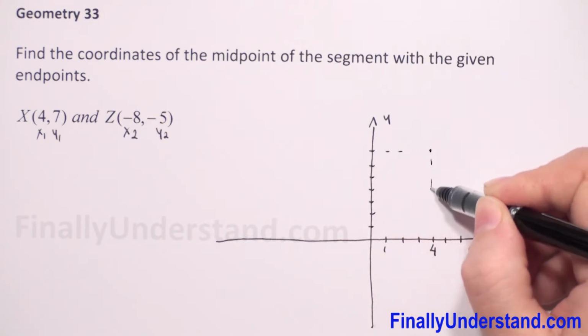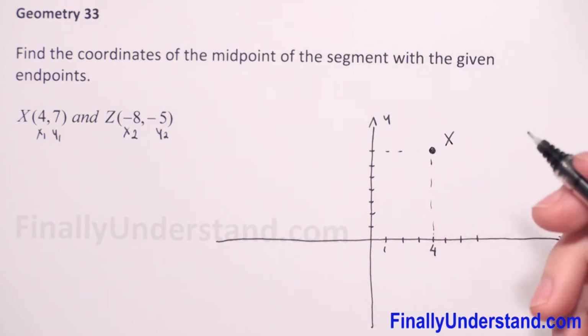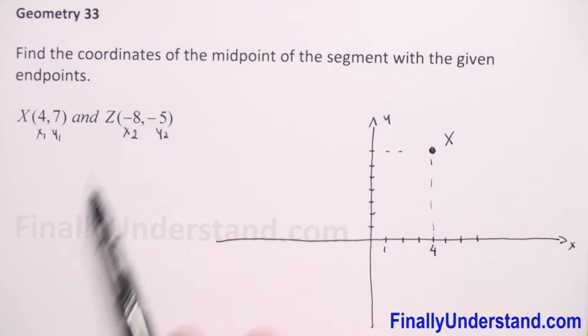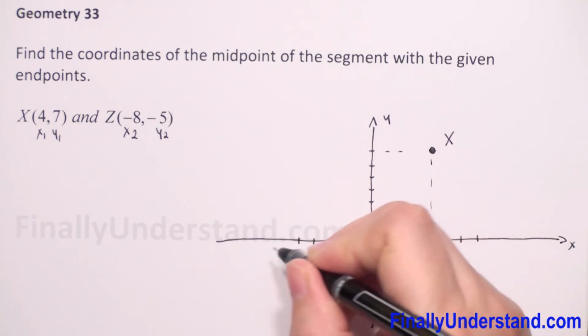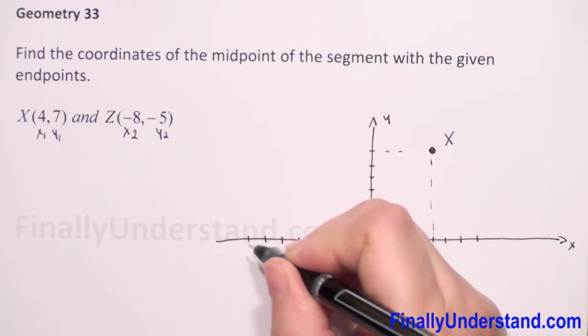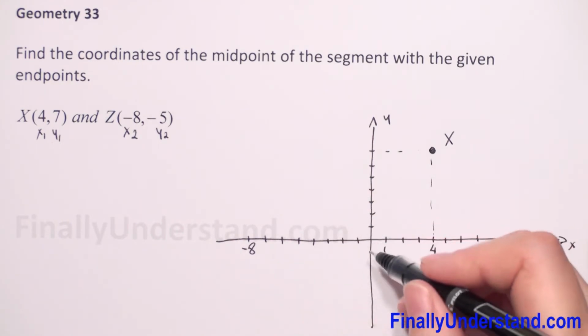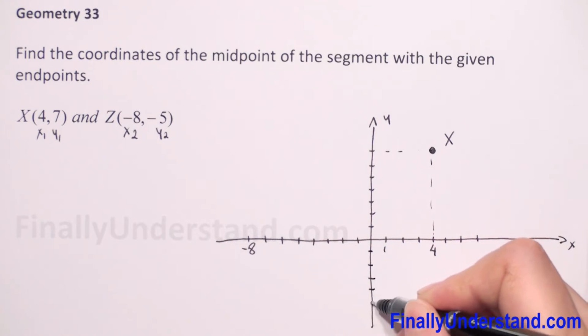So our point X is here, and we have point Z. The first, x coordinate, is -8: 1, 2, 3, 4, 5, 6, 7, 8. And we have -5: -1, 2, 3, 4, 5.